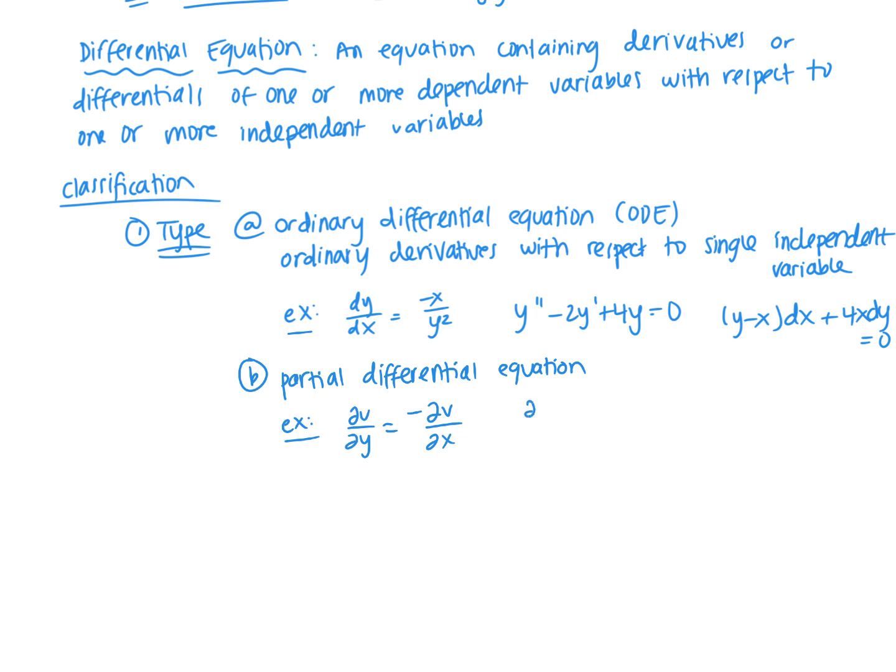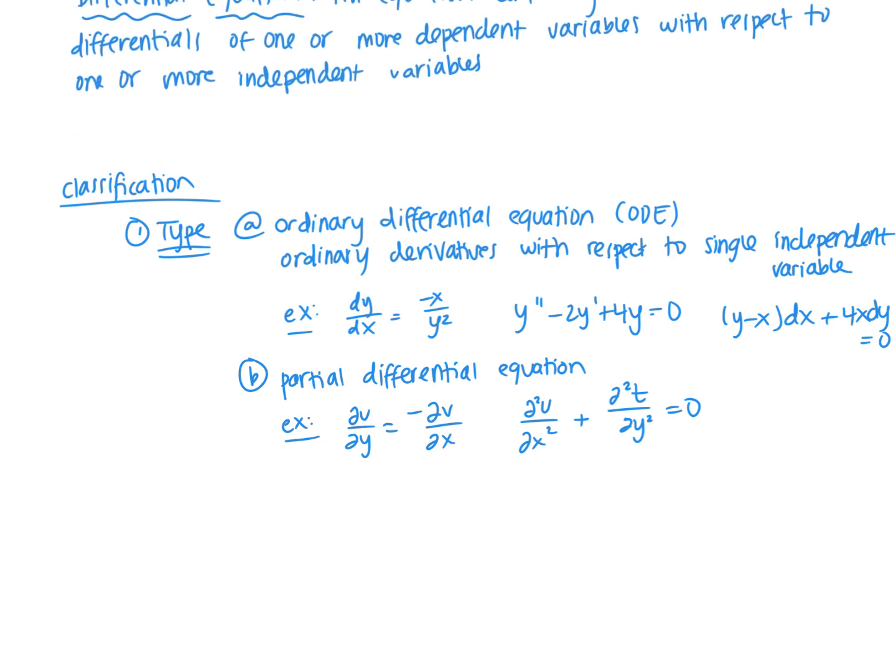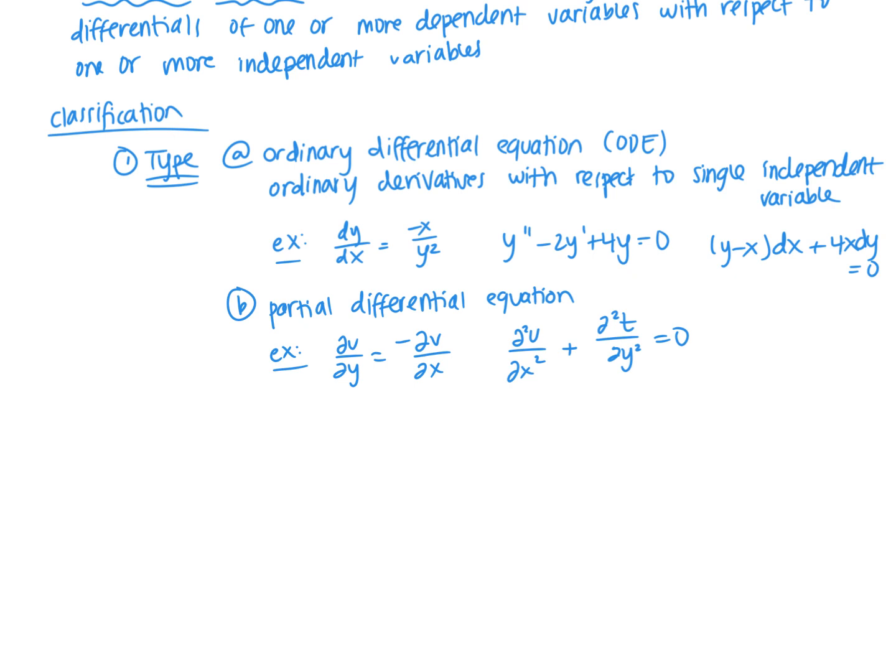Or you might have the second partial of u with respect to x, add the second partial of t with respect to y equals 0. So that's the first way to classify, is by type. And again, the type of equation that you have will help you determine how you're going to solve that equation.